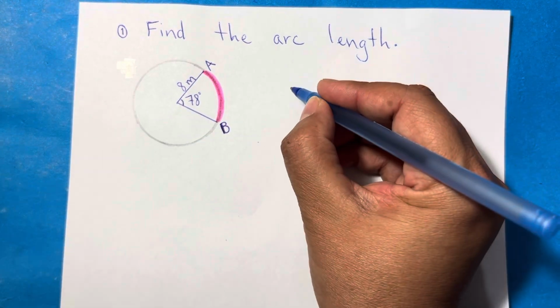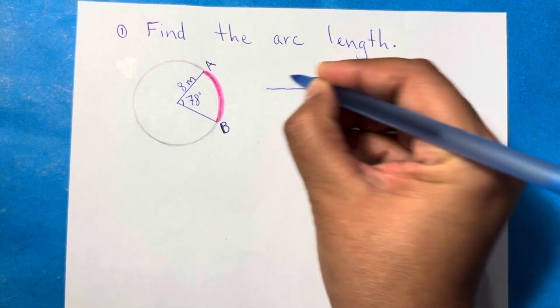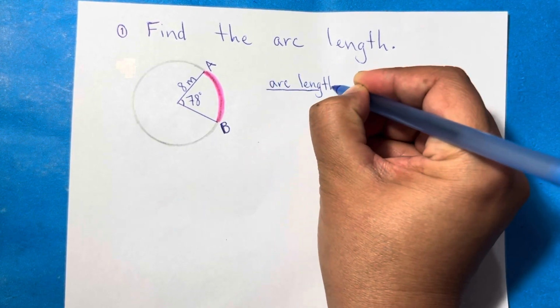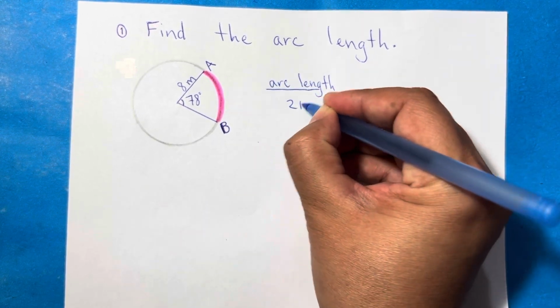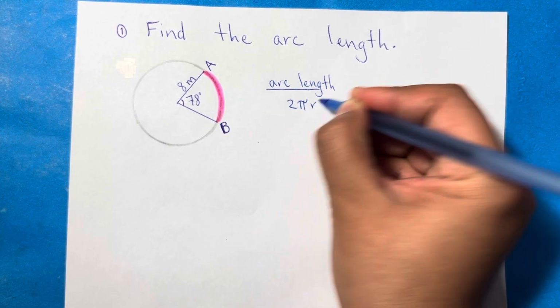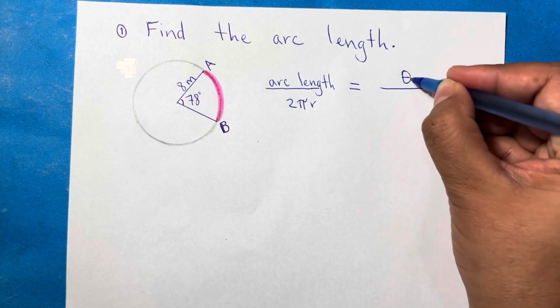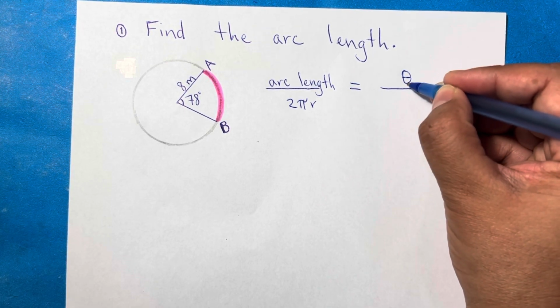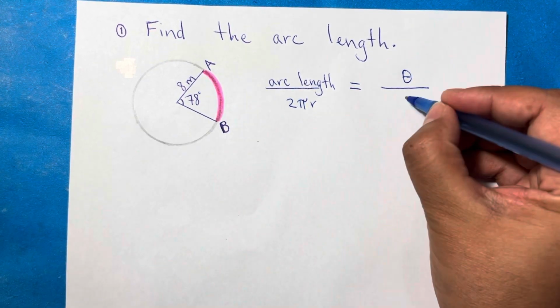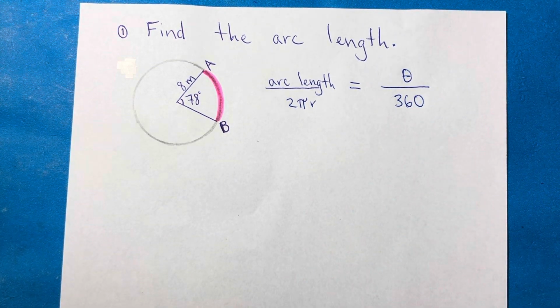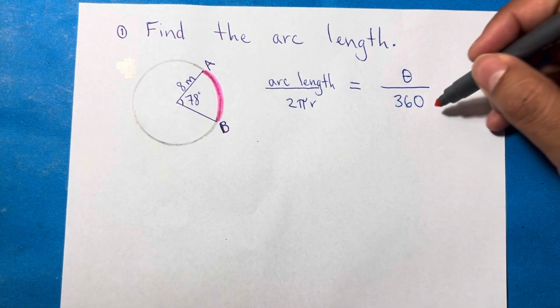Okay, so we're going to write that formula that I showed you earlier, which is arc length over the circumference, which is represented by 2 pi r, equals theta, which represents the degrees of that angle, over 360. You're always going to use a butterfly.